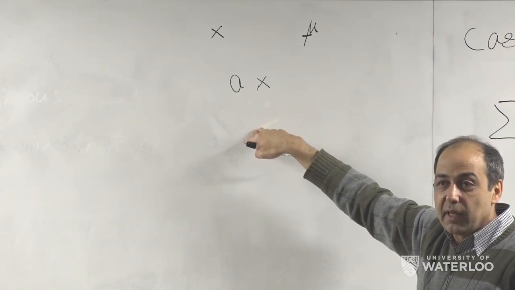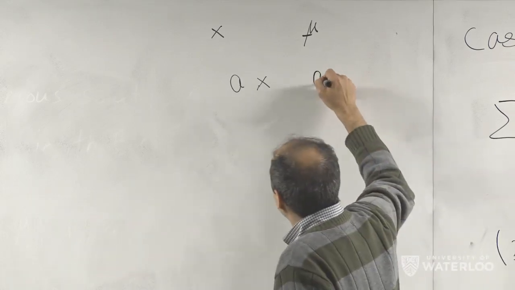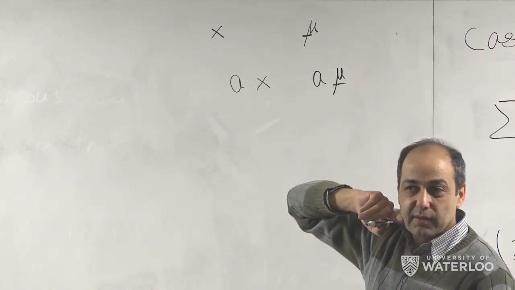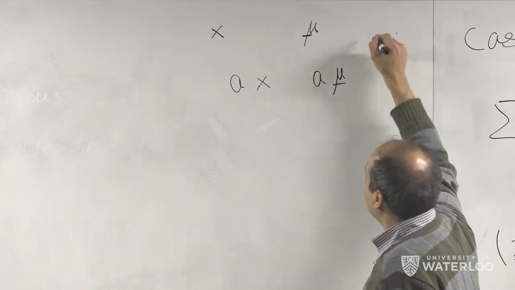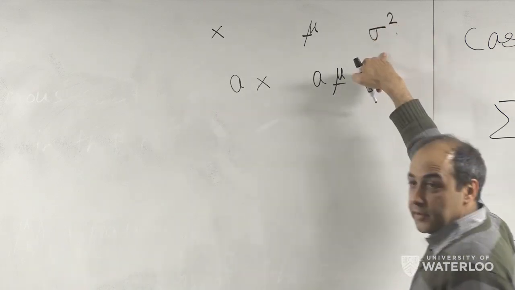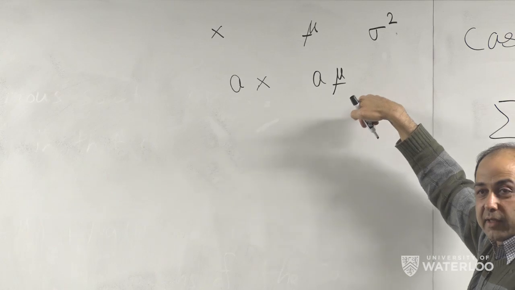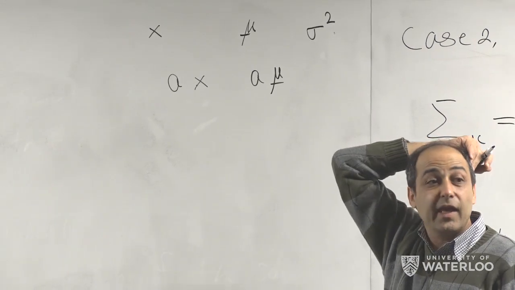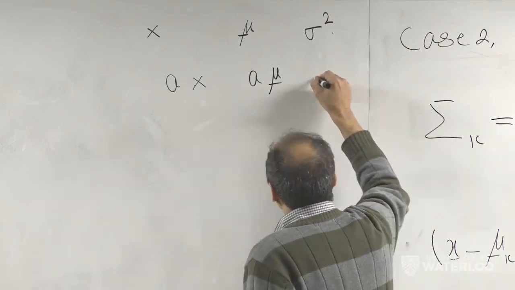A mu. What about the variance? What would be the variance of the new points? A squared, right?